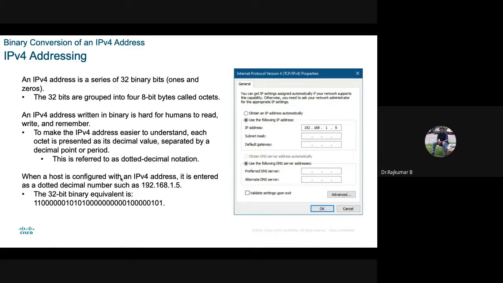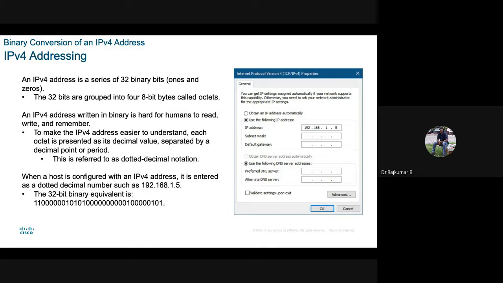An IP version 4 address is simply a series of 32 binary bits, that is ones and zeros. There are over 4 billion possible IP version 4 addresses using a 32-bit addressing scheme.